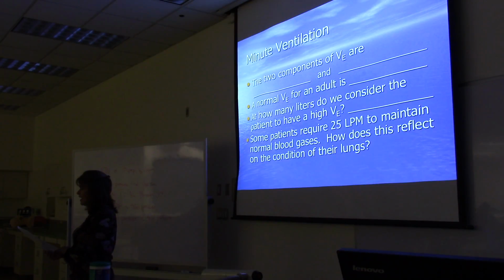So sick lungs have a higher VQ mismatch and require a higher minute ventilation to maintain a normal ABG.